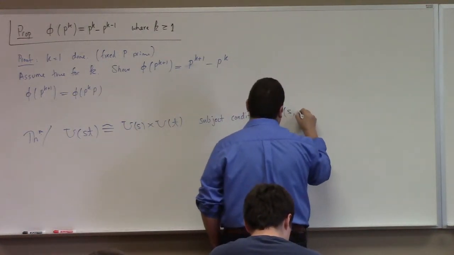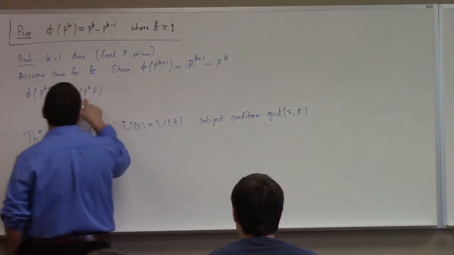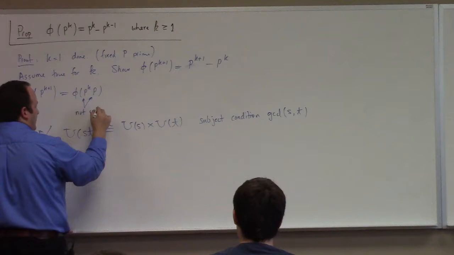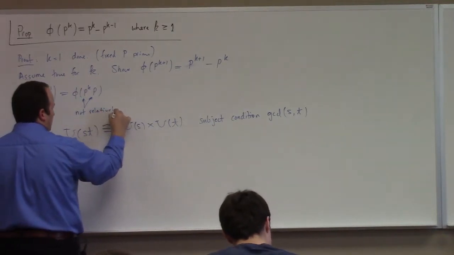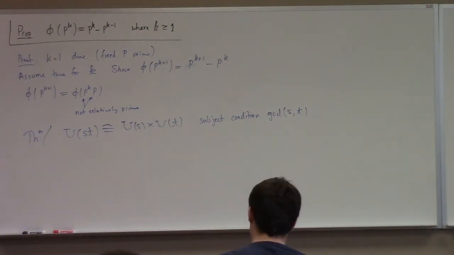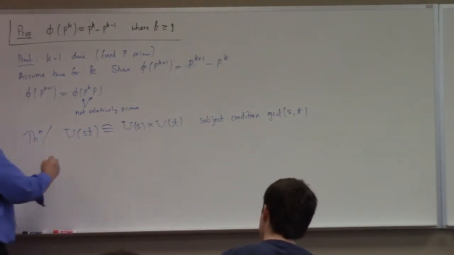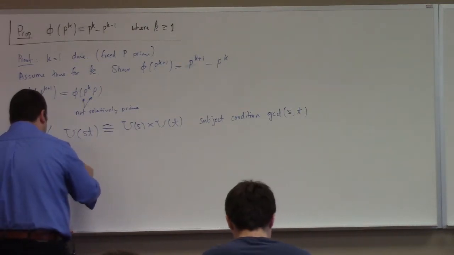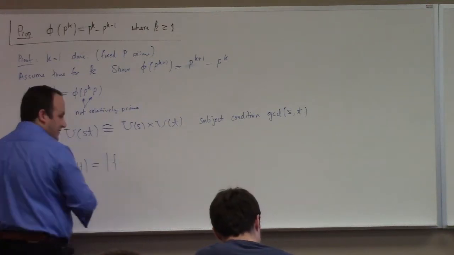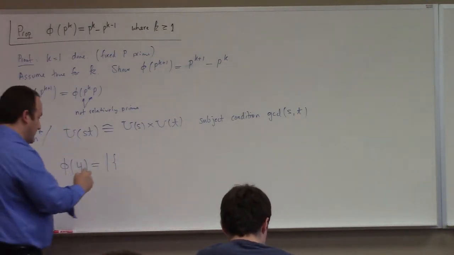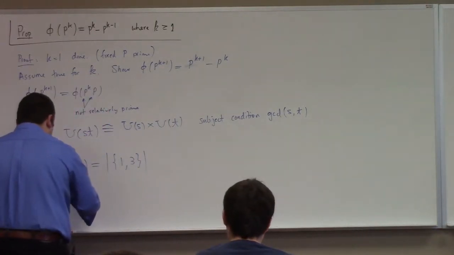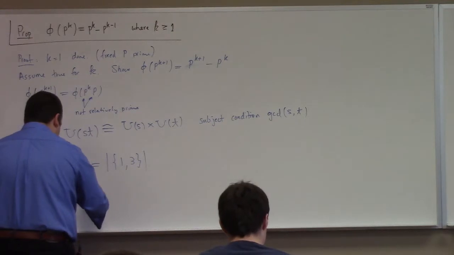Because these are very much not relatively prime. I can't make the step that you want to make. It's not multiplicative. For example, the Euler phi function of 4 is what? What are the things relatively prime to 4? 1 and 3. All right. So phi of 2, phi of 2. What's that?